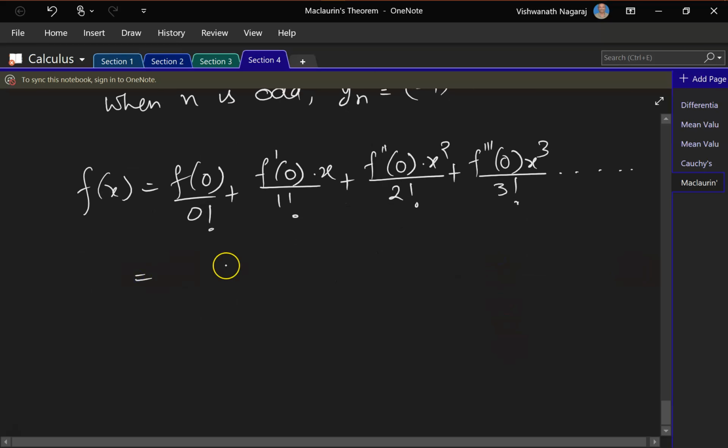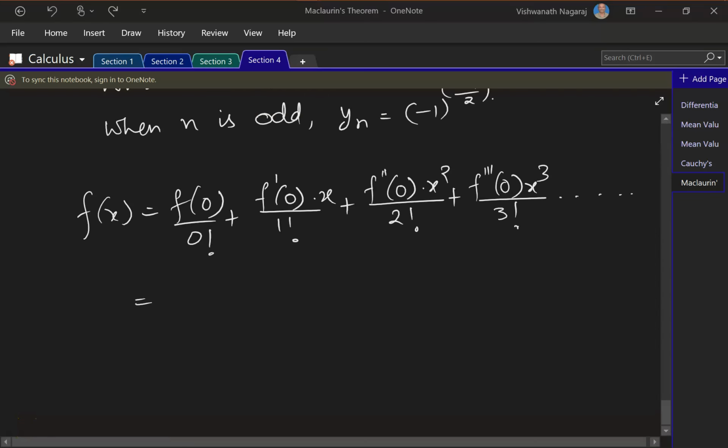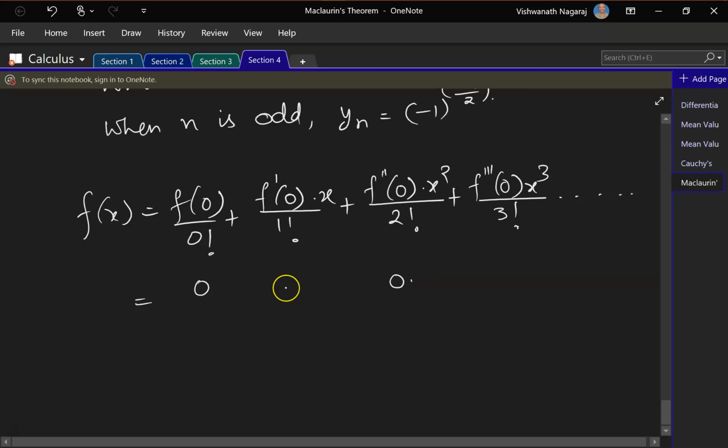Now if you do the appropriate substitutions, even numbers are 0, so this is 0, 0, 0, and this will be 1 times x, and this will be minus 1 x^3/3! plus, and so on.